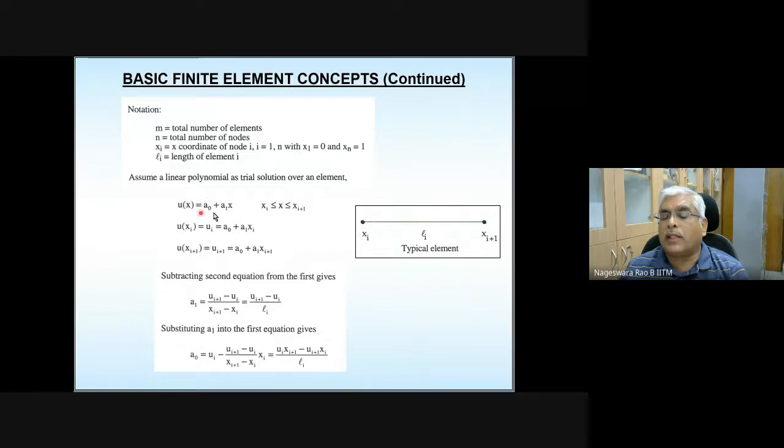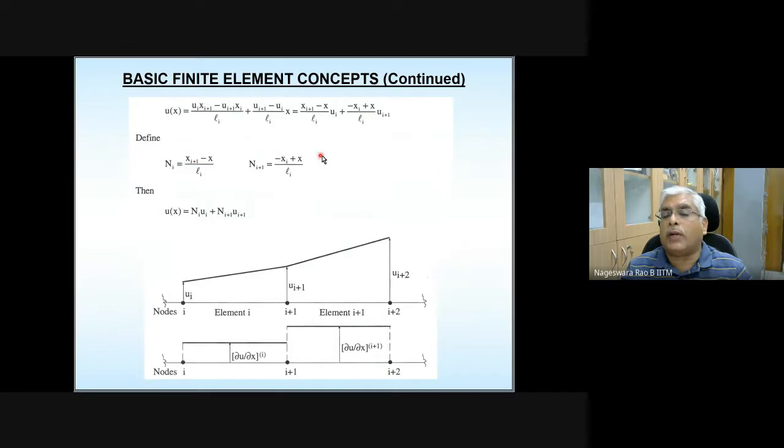We started with a linear trial solution, and for a typical two-node element we noted how the shape functions or interpolating functions look, and finally that u is equal to a0 plus a1x. Instead of writing it in that way, you can write it in this manner.